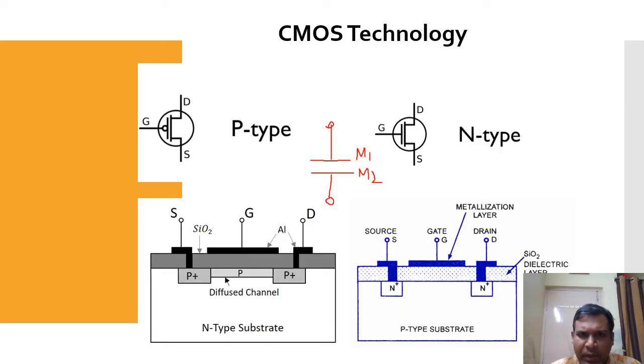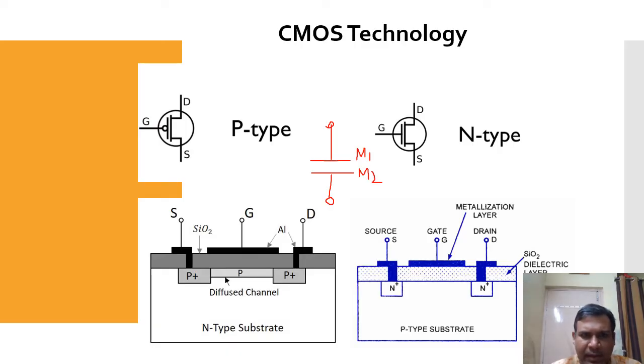In between metal 1 and metal 2 there is a gap, and that gap is basically a dielectric material, either air or silicon dioxide. Any type of dielectric material can be there. So this is the structure of a parallel plate capacitor.